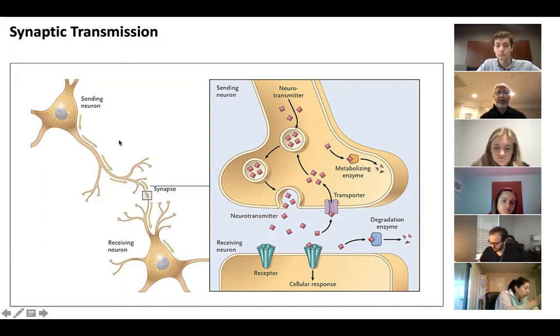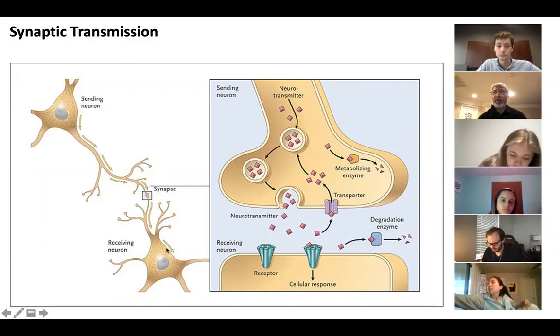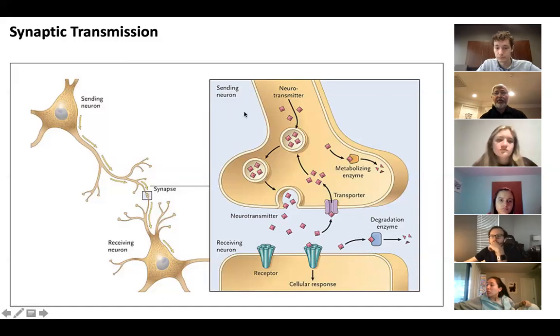We call this one a presynaptic neuron, and this one we call postsynaptic neuron. And that junction between those two, we call it synapse.